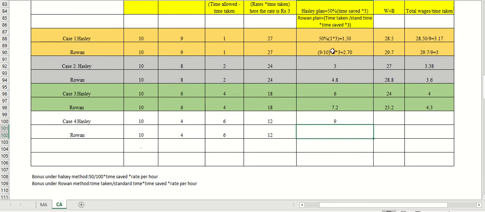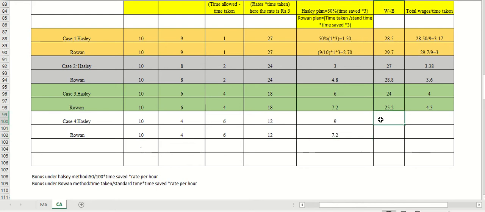And under the Rowan method, time taken divided by standard time into time saved into 3. Time taken is 4 divided by standard time 10, 4 divided by 10 into 6 into 3. So you get your amount to be 7.20.